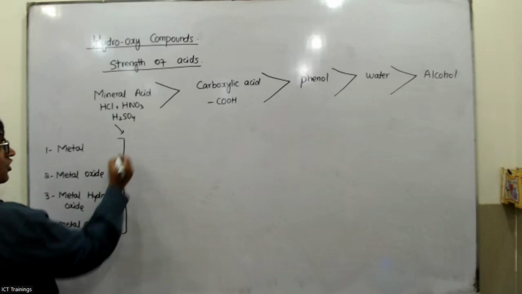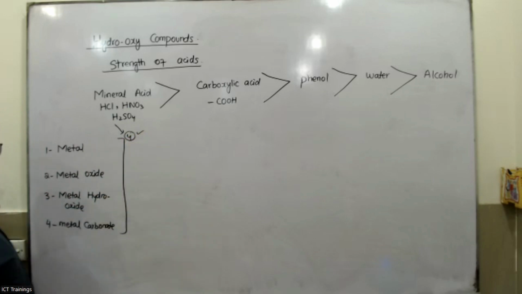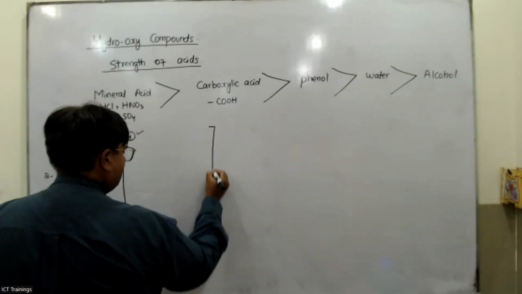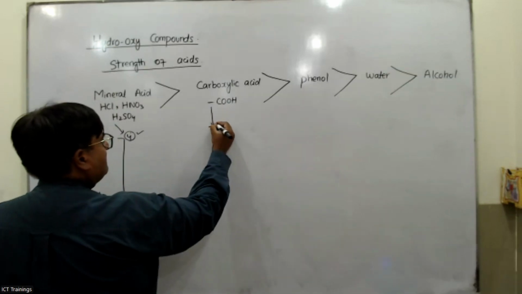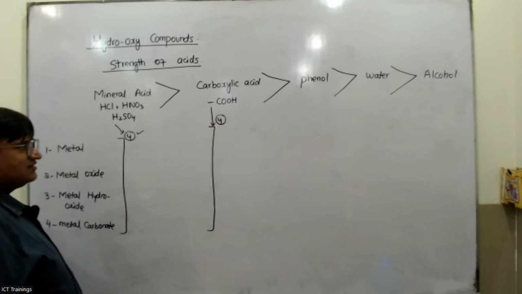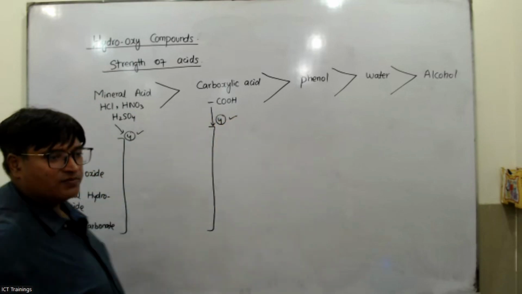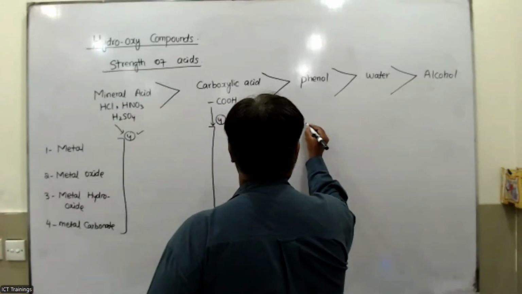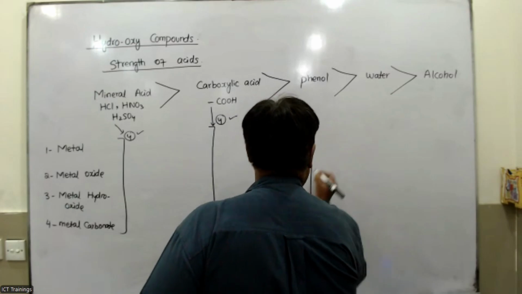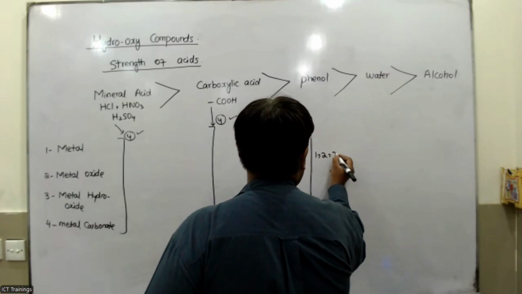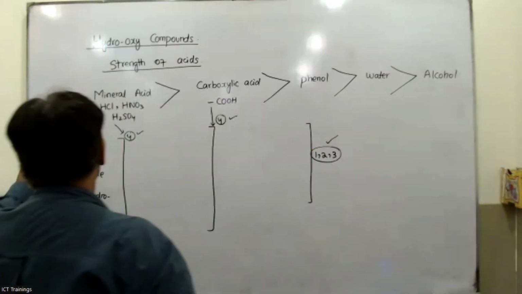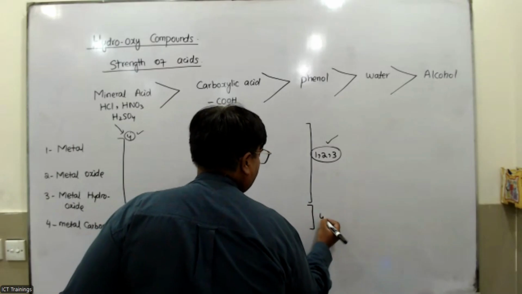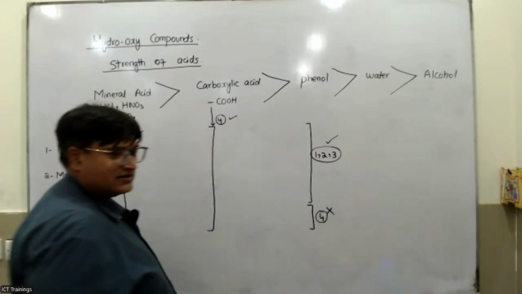They can react with all these 4 substances very easily. Carboxylic acid is a little bit weaker than the mineral acid, but it can react with these 4 substances easily. Phenol, my dear students, is a little bit weak. It can react with only 3 substances: metal, metal oxide, and metal hydroxide. So 1, 2, and 3. It can react, but with metal carbonate, the fourth thing, it is unable to react.